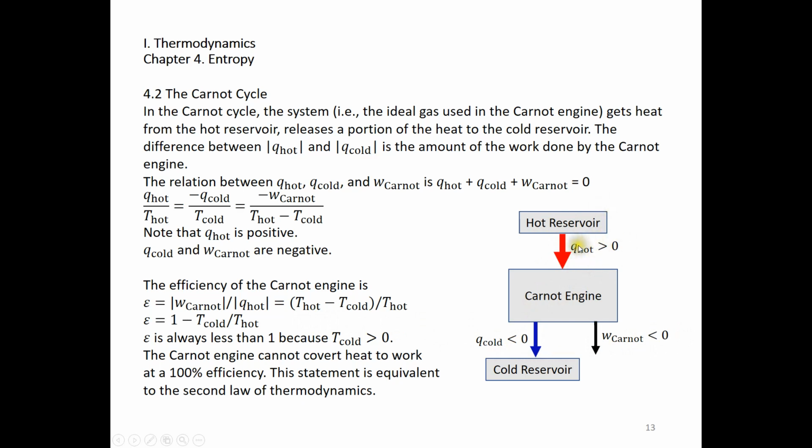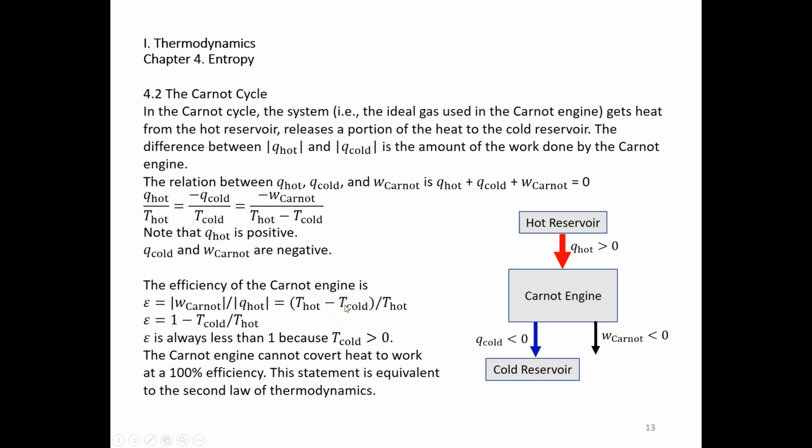It's possible for this Q hot to be, for example, 100 joules, and this is, for example, 60 joules, and then only 40 joules of this energy is converted to work. And the efficiency of the Carnot engine is this 40 joules over 100 joules. It's 40%.